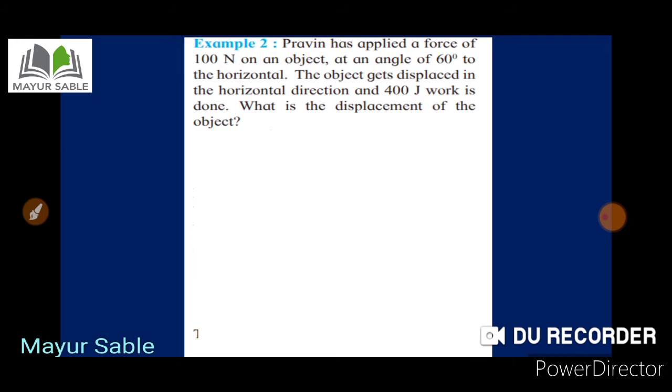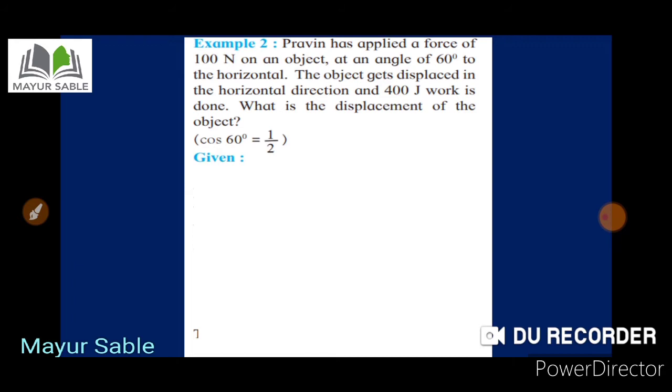So we have the work done value also. So we have to calculate only the value of S, that is nothing but the displacement here. So again, remember, as I told you, we got the value of theta. Theta is 60 degree. So we take the cos of theta. Therefore cos 60, its value is 1 by 2.